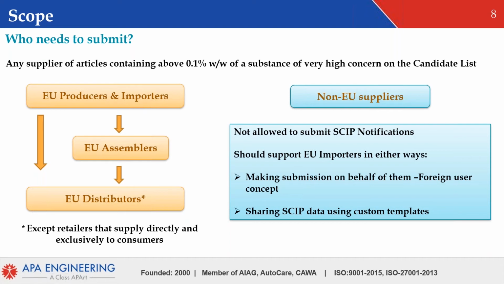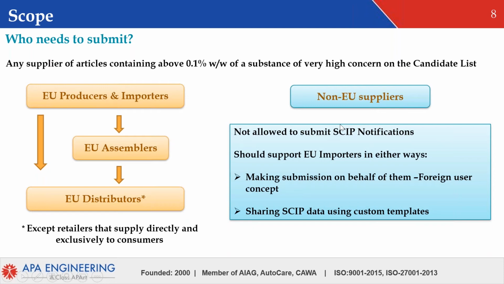Any EU producers and importers should submit through SCIP. Also, any EU assemblers and EU distributors of products. Note that retailers do not necessarily have to submit through SCIP. However, there could be situations where a retailer may need to, so it's strongly recommended that retailers check with the authorities to confirm whether or not they need to submit through SCIP.